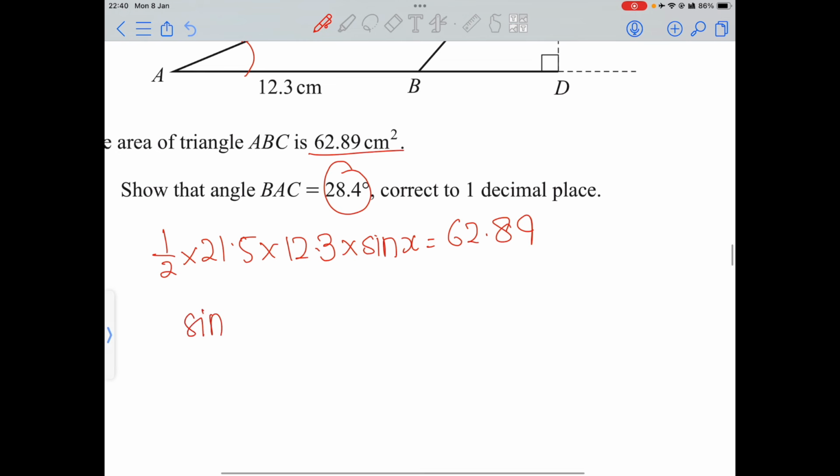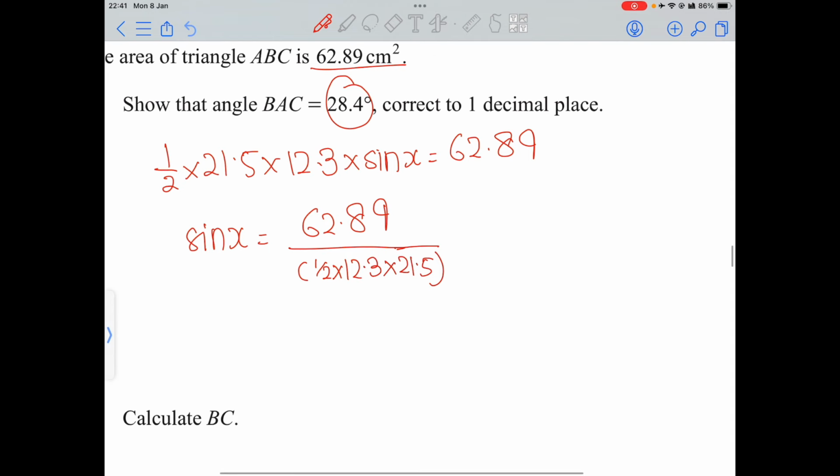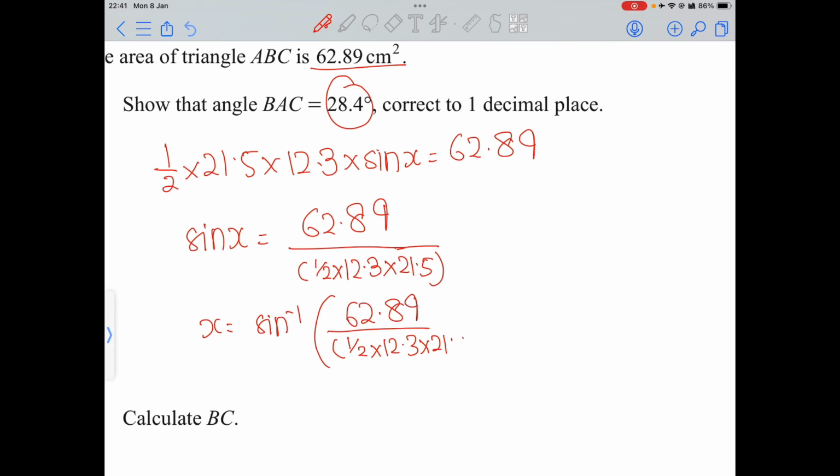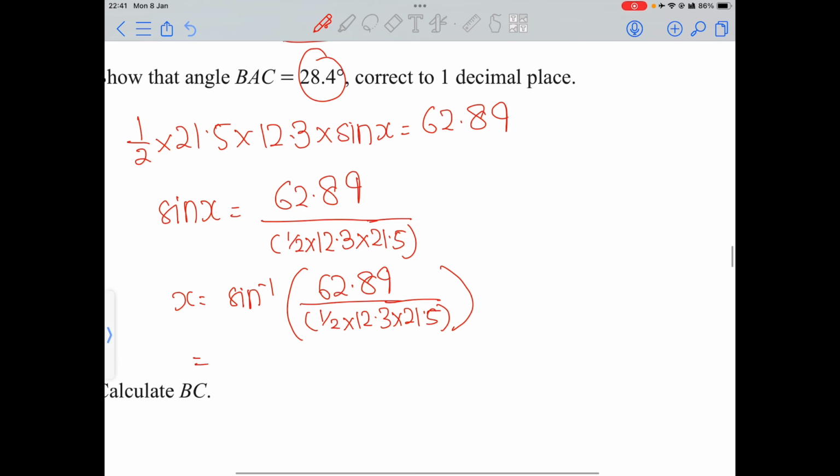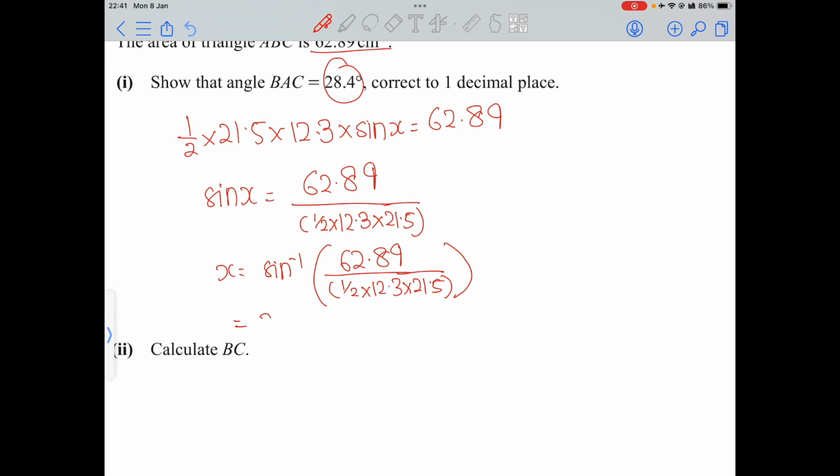So sine x is equal to 62.89 divided by half times 12.3 times 21.5, so x is sine inverse of that, which gives me 28.400290021, which is equivalent to 28.4.